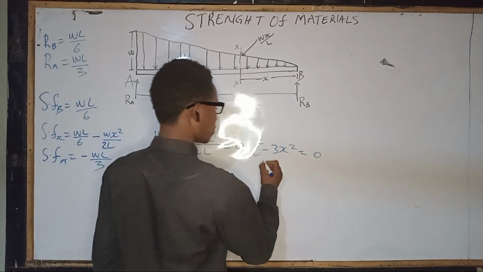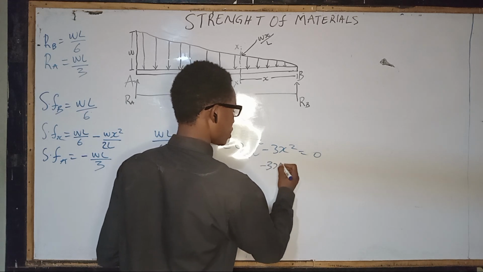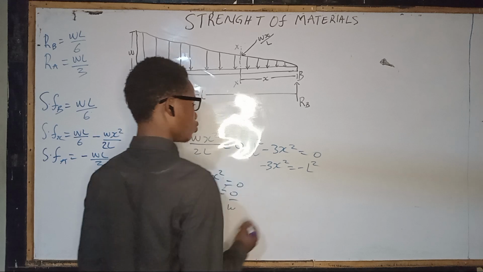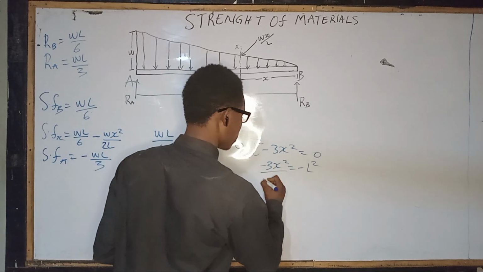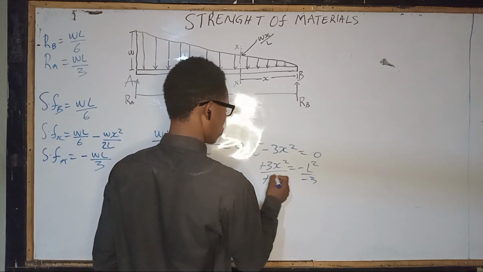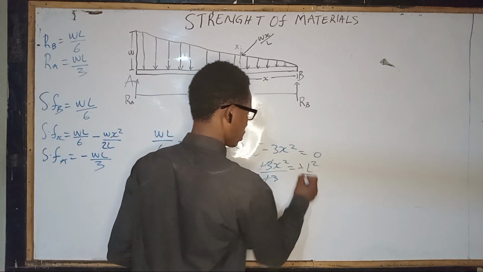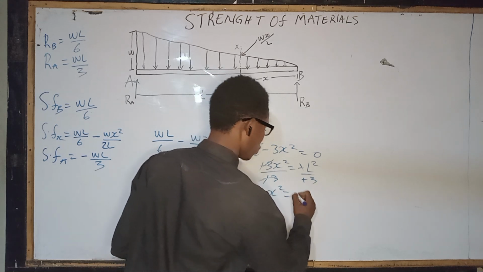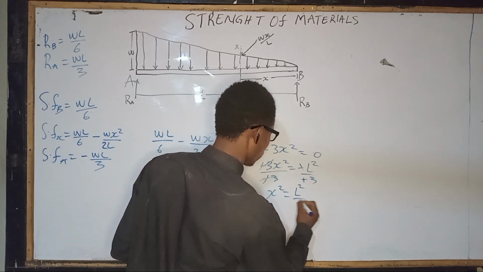So we collect like terms here. We have minus 3x squared is equal to minus L squared. Then divide both sides by minus 3, minus cancels minus, 3 cancels 3. So we have x squared is equal to L squared over 3.